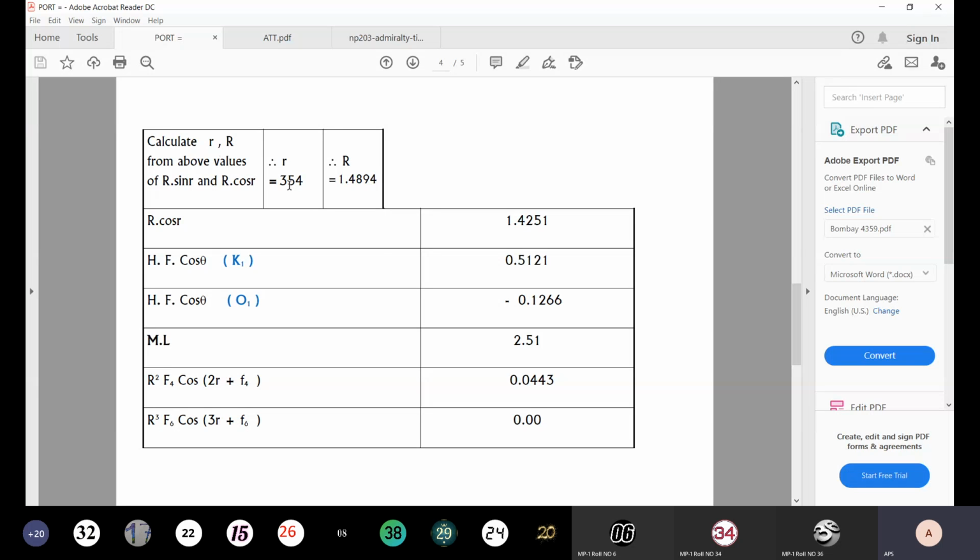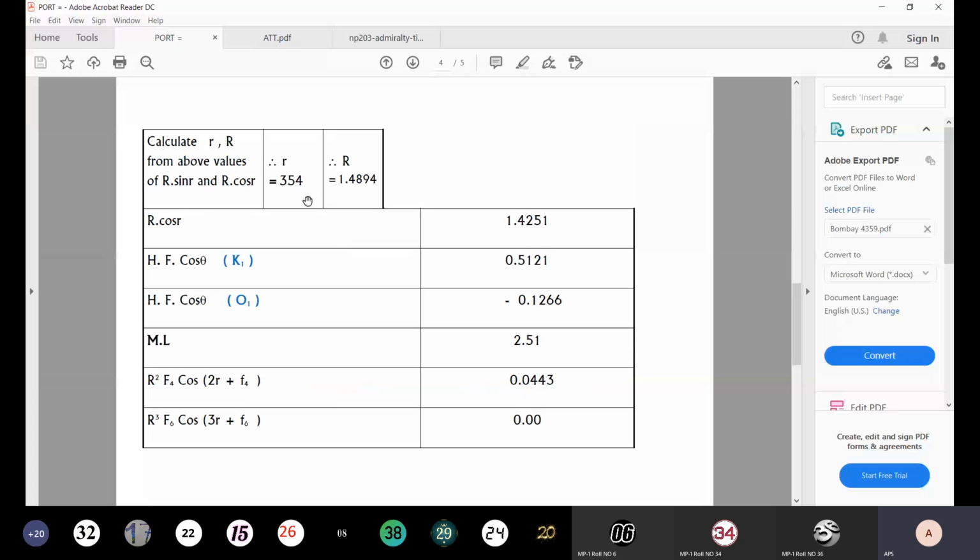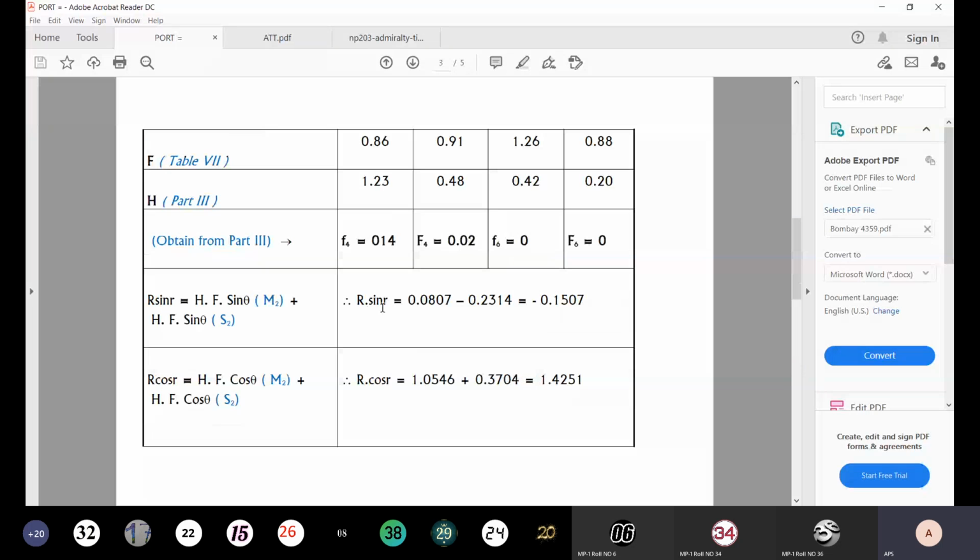Now, if you put this value of small r in any equation, you can put it either here or here. So you'll get the value of capital R. So put the value of small r, what you got, 354, whatever you got. Put the value here, r into sine 354 equal to minus so and so.